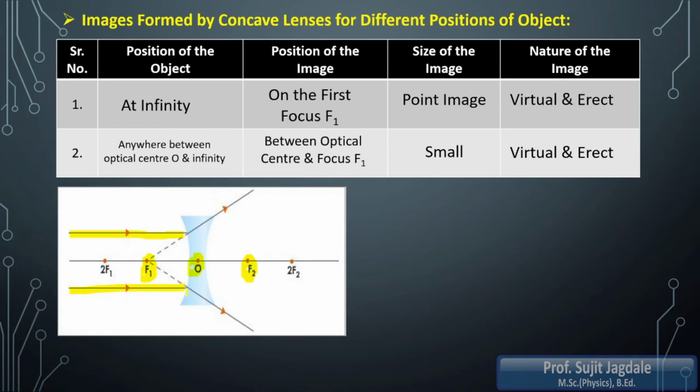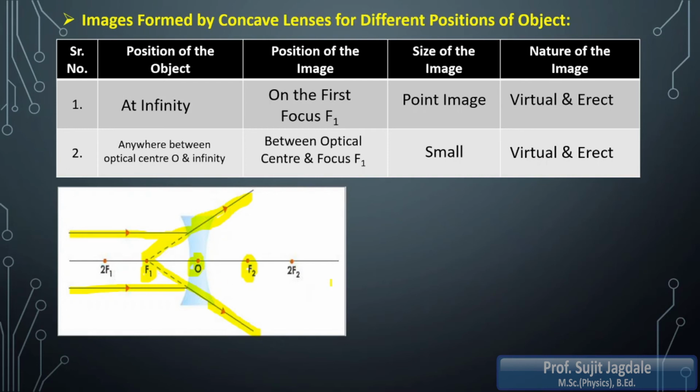So we just saw the rule: when incident rays are parallel to the principal axis, then refracted rays should be extended backward and they will pass through the first focus f1. So that's why the image is obtained at focus f1 and the image nature is a point image. This is the first ray diagram.